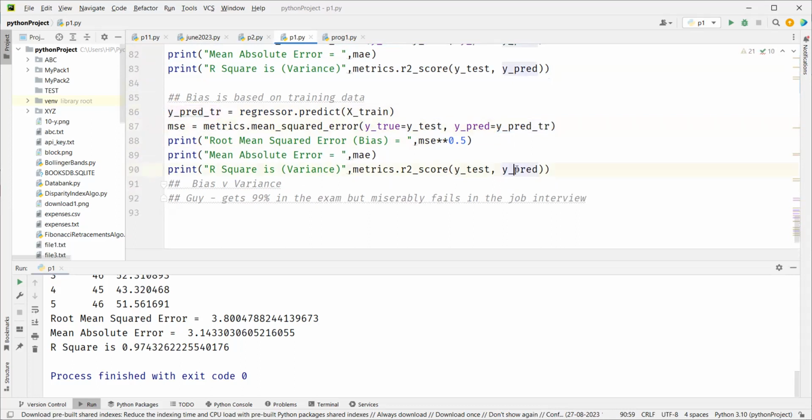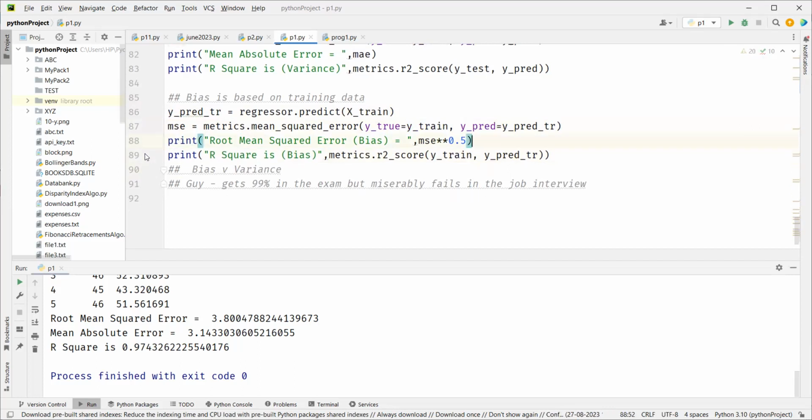Y train is the actual value for training data. This is your bias. Mean absolute error, we don't want, we'll delete it. So we calculate RMSE and we calculate R-square.